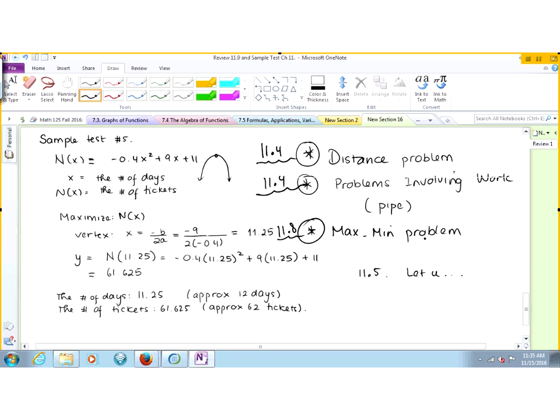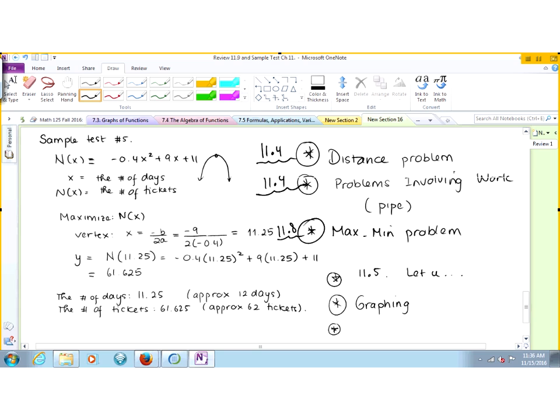So you're going to say let u equal something. You need to review these sections, right? And also graphing. Does everybody know how to graph? Graphing is a major point.